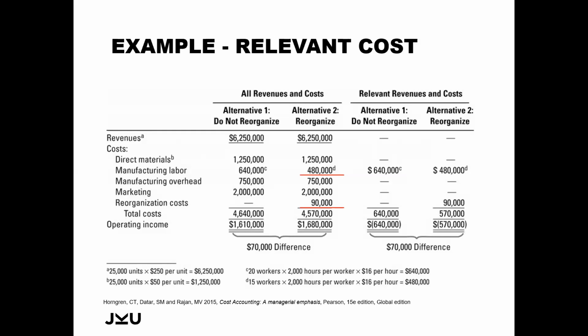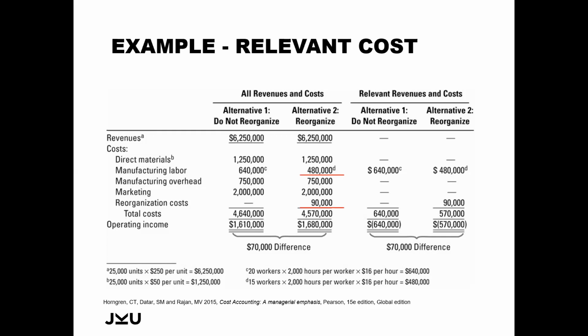Okay, here right away an example of relevant costs. We see on the left hand all the revenues and the costs, and then different positions of the costs. And we have an alternative one, namely to just stay as we are. We don't reorganize, business as usual in a sense, with an operating income of 1.6 million.